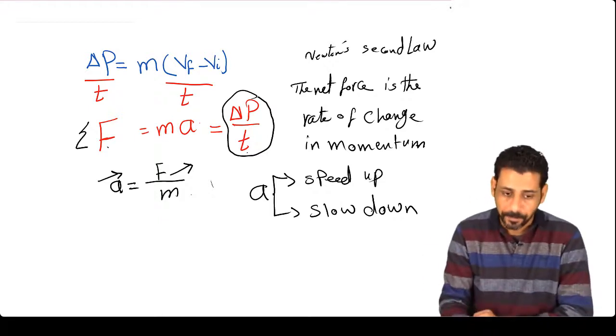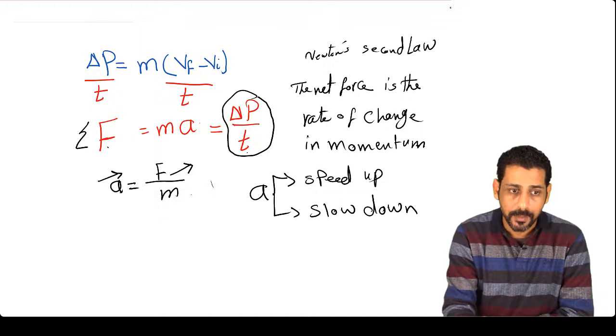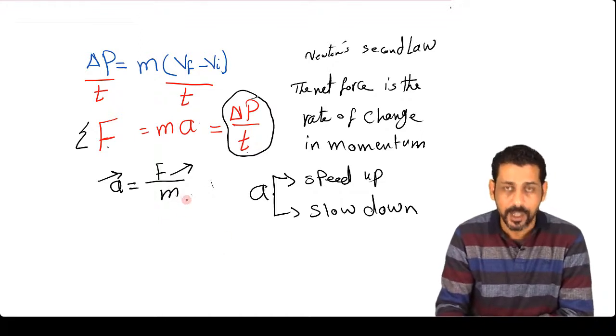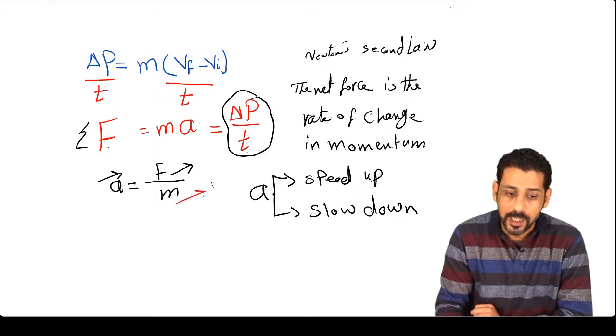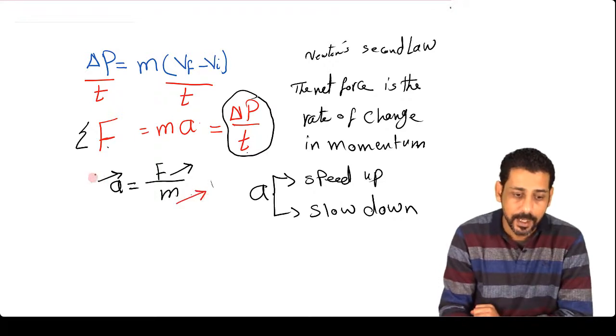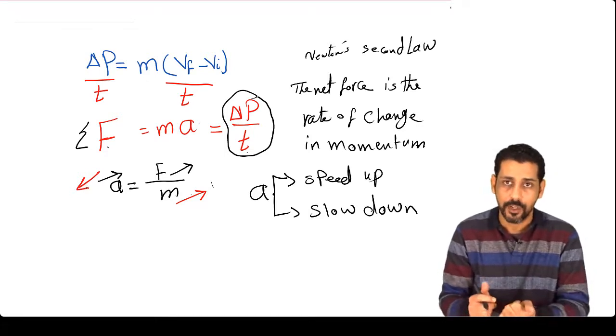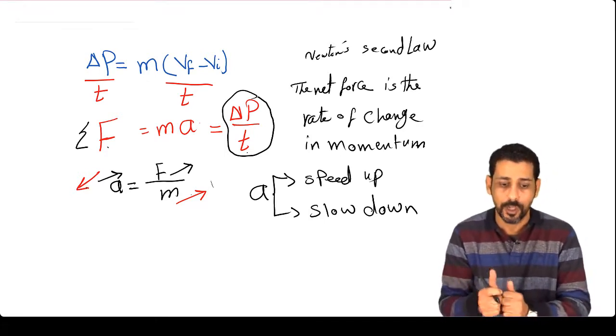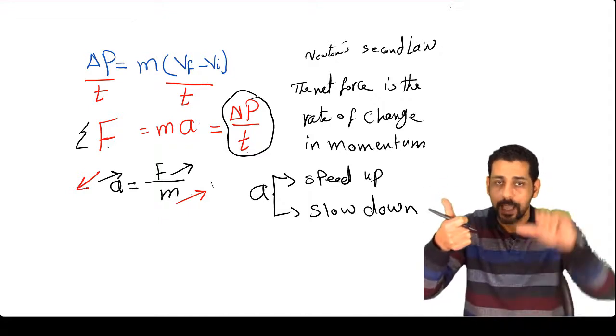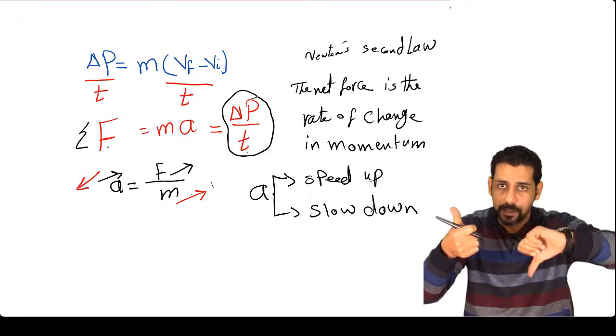At the same time, the relation between acceleration and mass is inversely proportional. When the mass increases, the acceleration decreases. So mass and acceleration are inversely proportional.